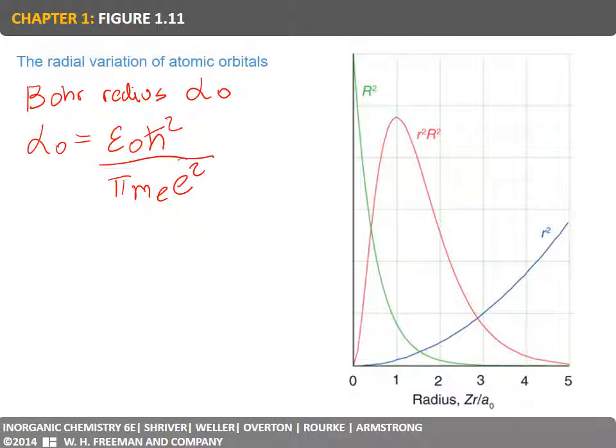So for the model of the atom that we have, a0 is 52.9 picometers. So this is the number.